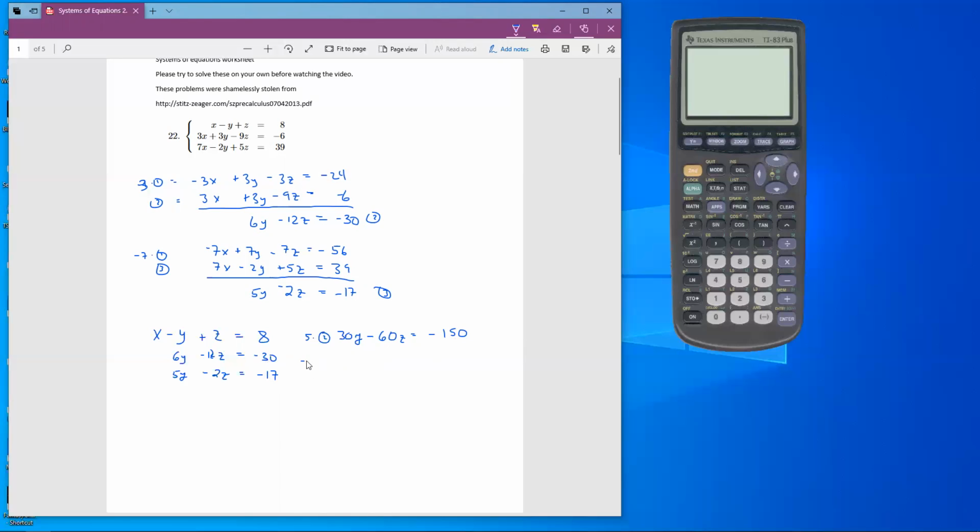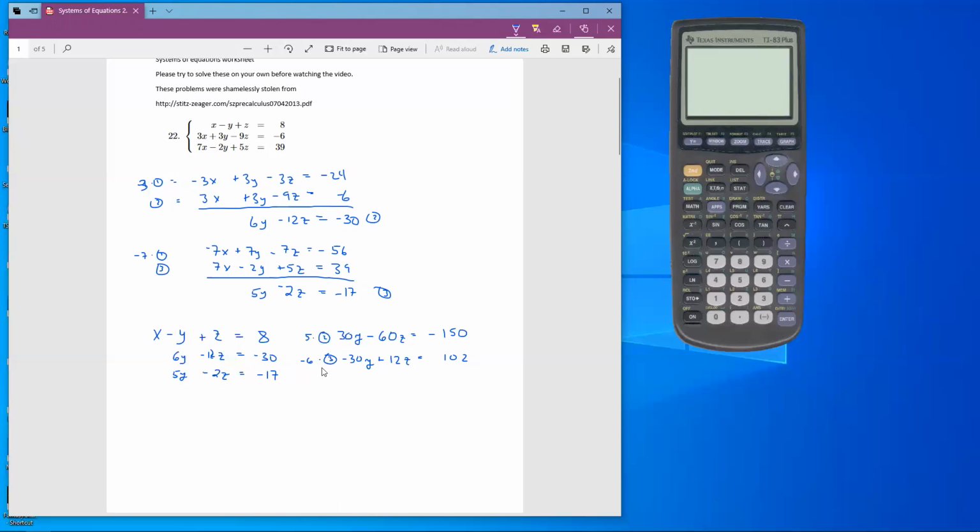Equation 3, we're going to say -6 times equation 3. That's going to give us a -30y. -6 times 2, that's going to give me a plus 12z. And then -6 times 17, that's 60 and 42, which is going to be 102. Okay, so that is our next goal there.